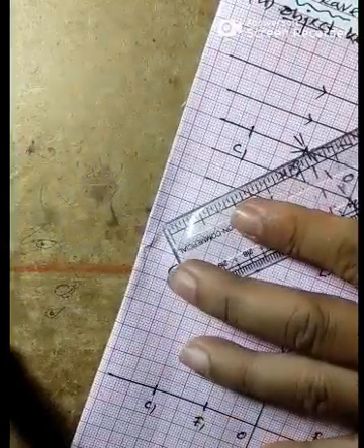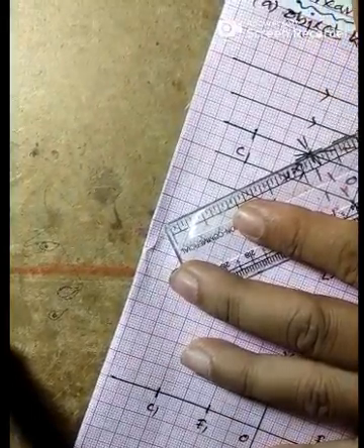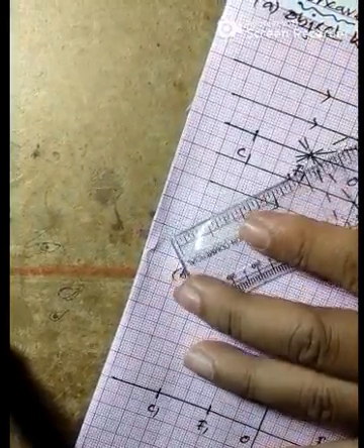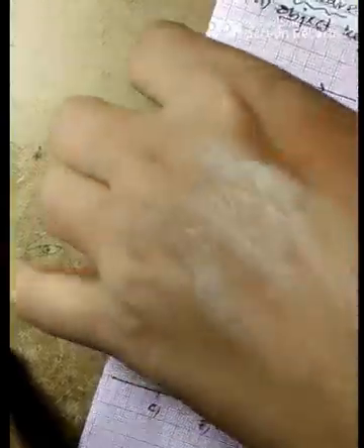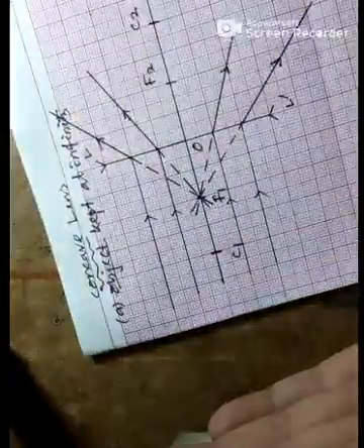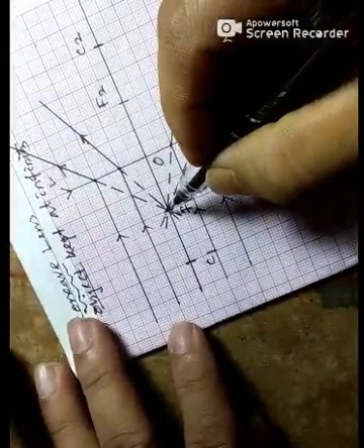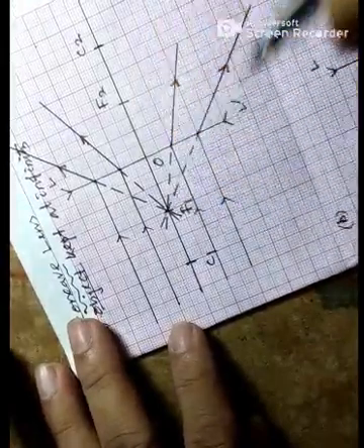Okay. So here you can observe that these 4 rays are diverging from focus. So that's why here the image is also going to form at focus. But it is not a real image.